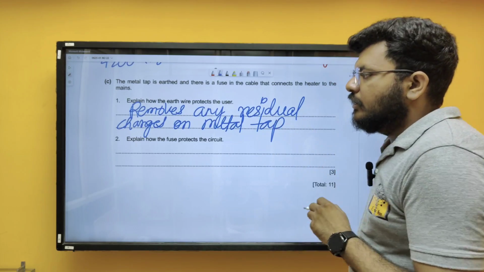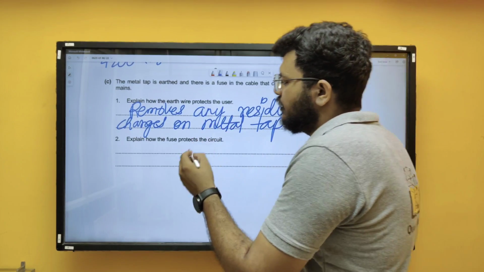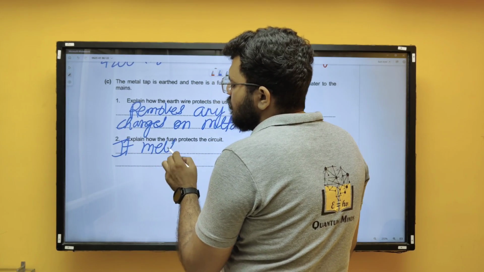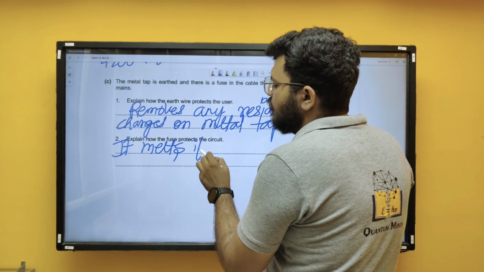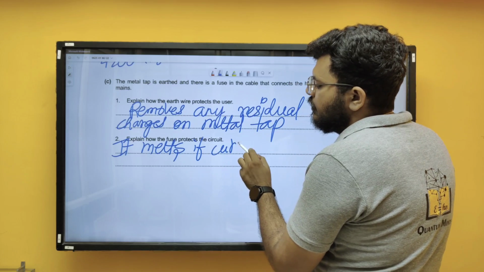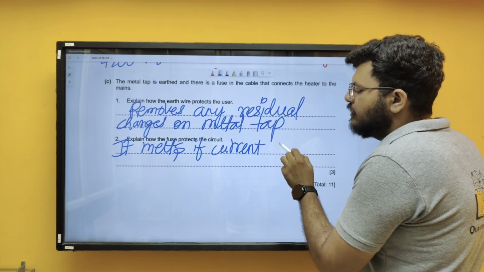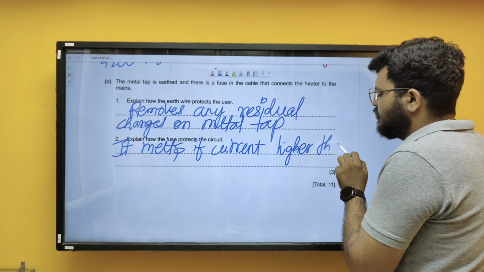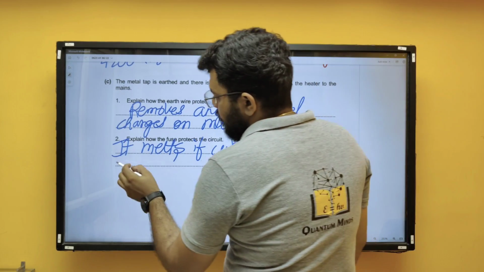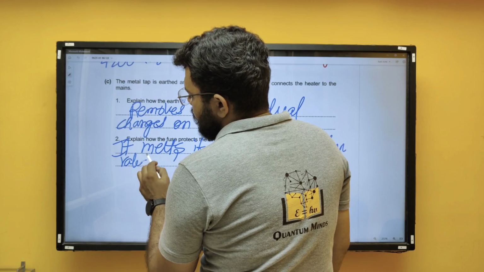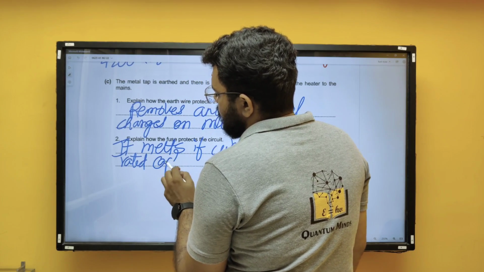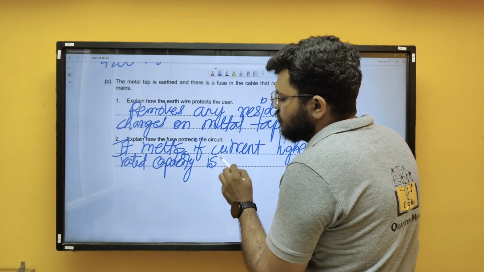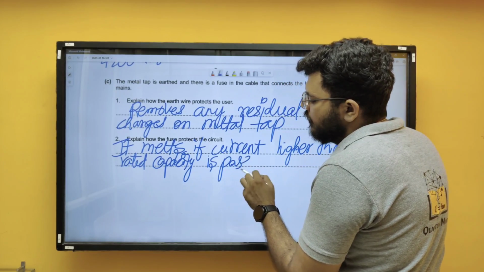Then explain how the fuse protects the circuit. It melts if a current higher than the rated capacity is passed, to open the circuit, right?